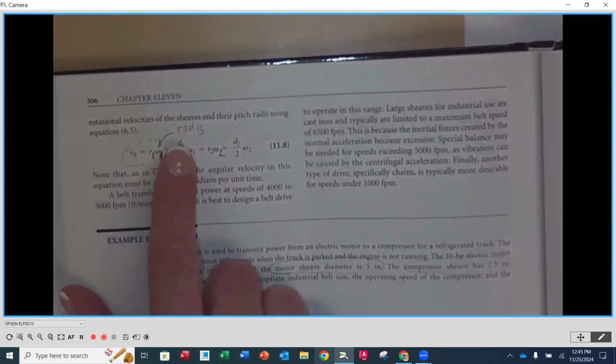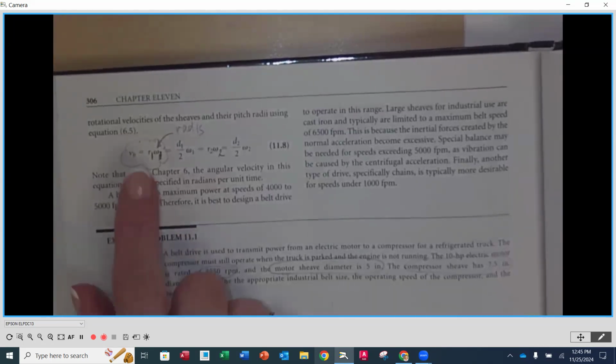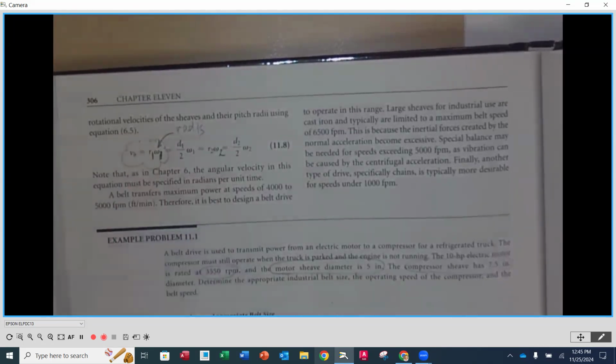You'll notice that our W has to be in radians per second. We cannot be in RPMs. So we'll always be given and we'll always report in RPMs. But when we're inside this equation, straight line velocity is equal to radius times angular velocity. Our angular velocity has to be converted to radians per second, just like we've been doing in other places, right?